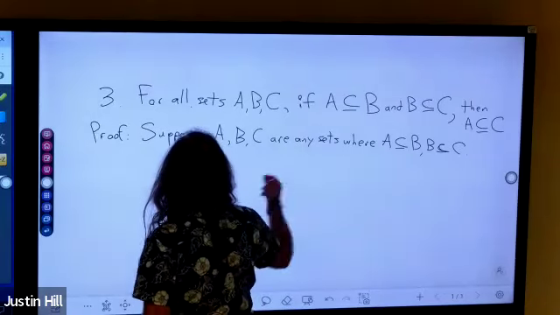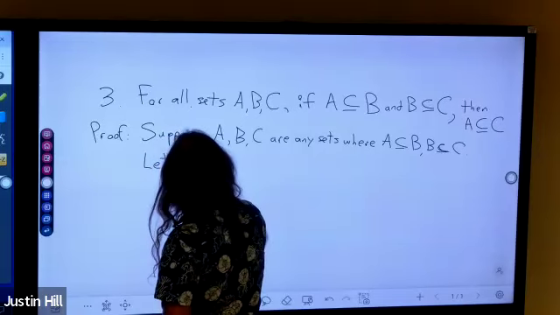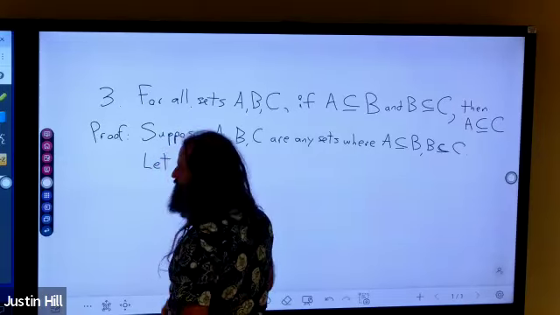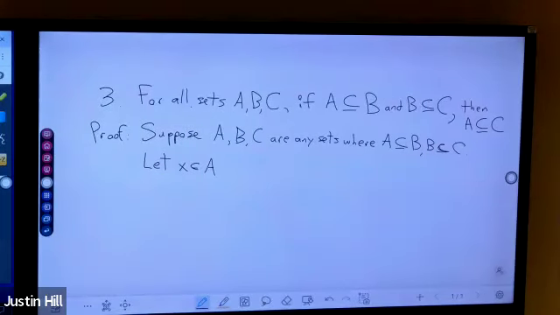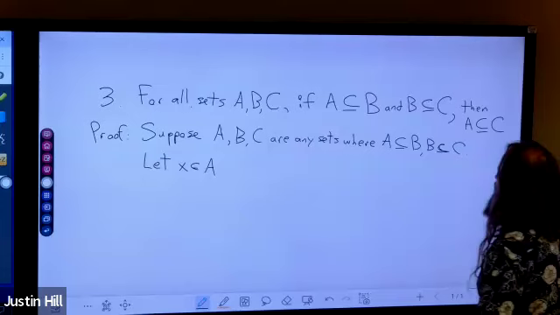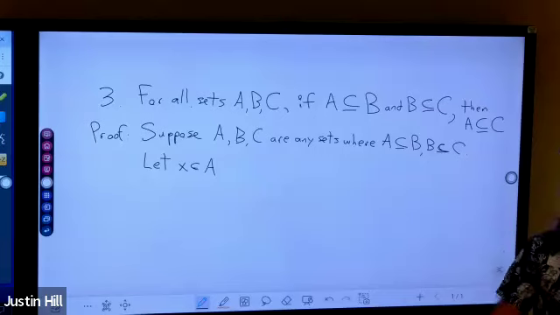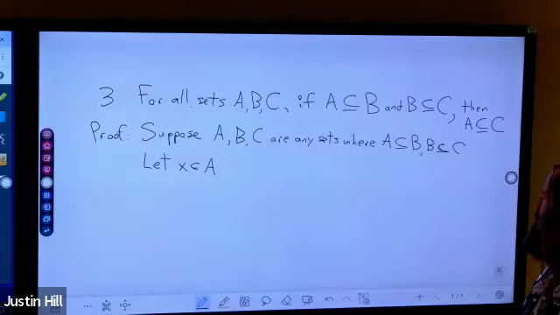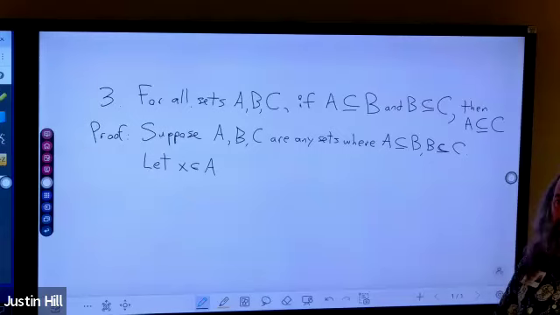So suppose that there are any sets, and then we can say something like let X be in A. So X is some element in A. And because A is a subset of B, even if you didn't see the proof that she's laid out there, because X is in A, and A is a subset of B, what do we know about X?